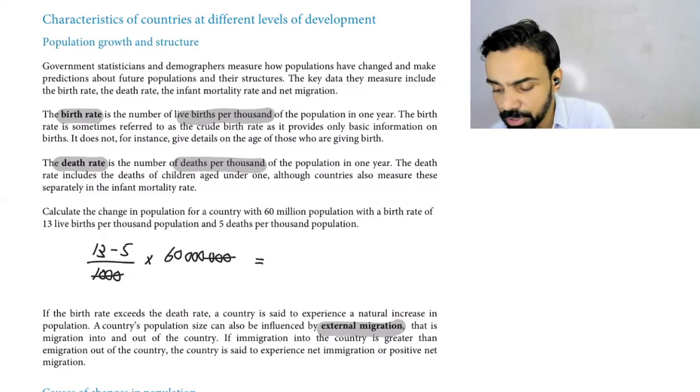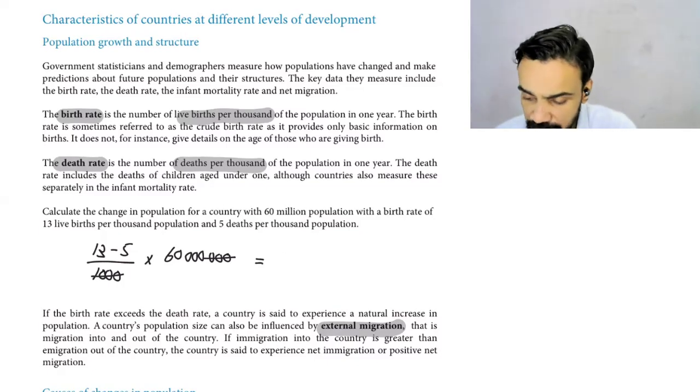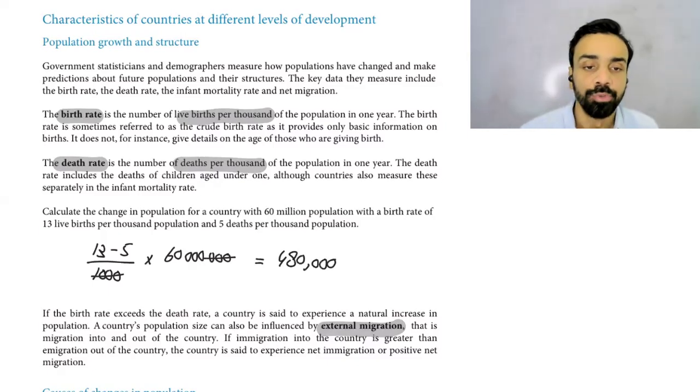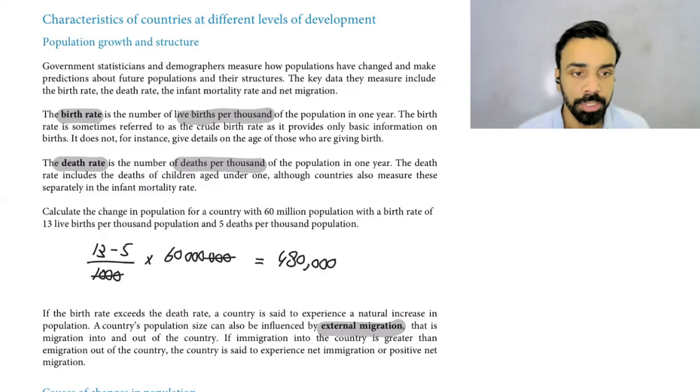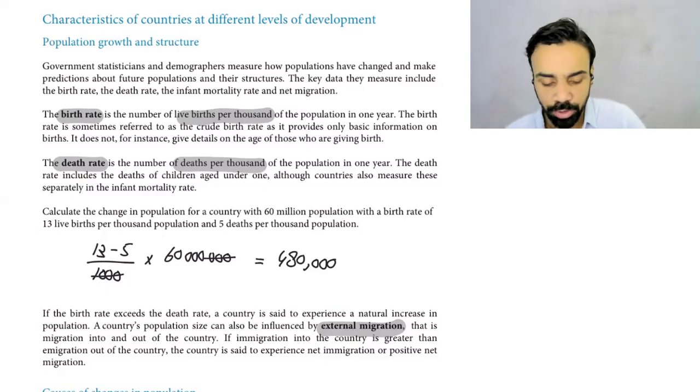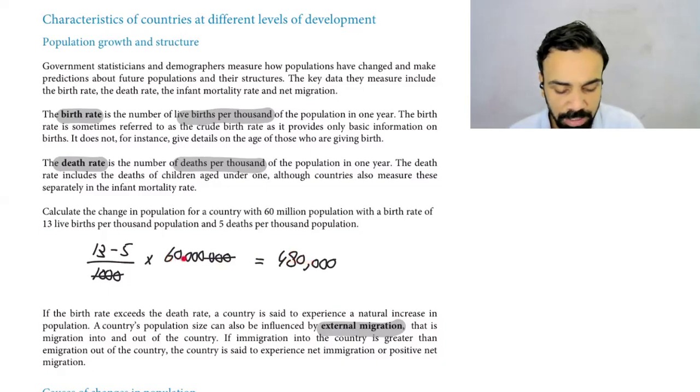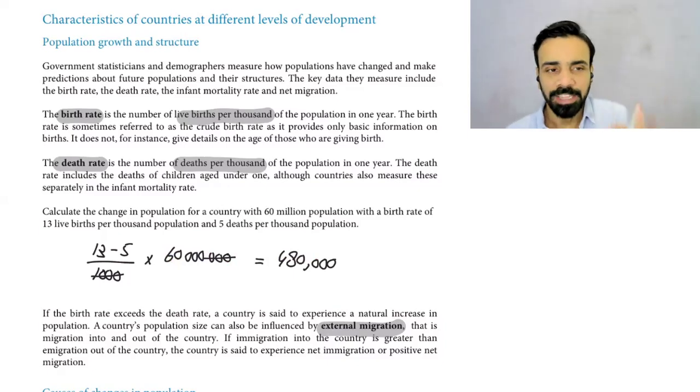That means that every year 480,000 people are getting added to your population. So next year, your population is going to be 60 million plus 480,000, so about 60,480,000. That's how we measure it, and this is called the natural increase in the population.